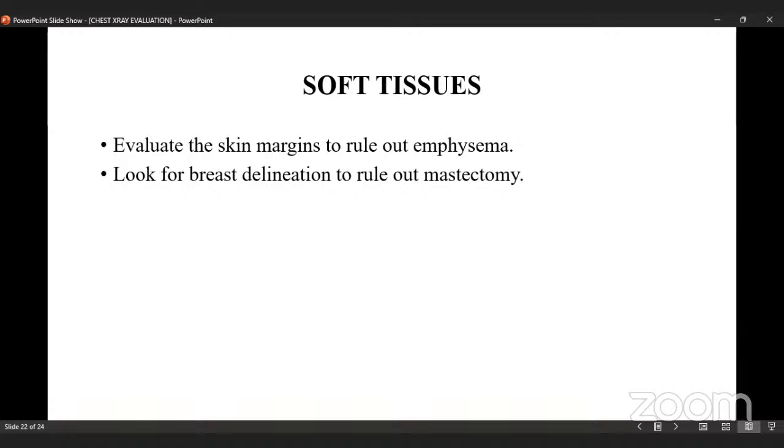In the case where the patient has had a mastectomy, you can see one breast very well delineated at the base of the lung, while the other is not. That should call for assessment to tell you whether the patient has had a mastectomy or not. So this is S, and it is the last part of the alphabet.